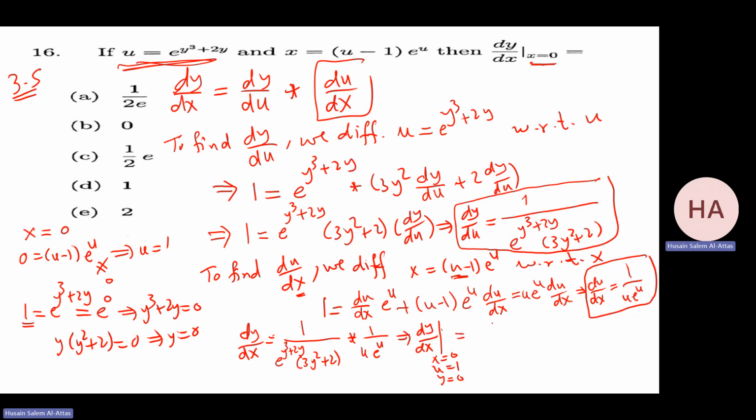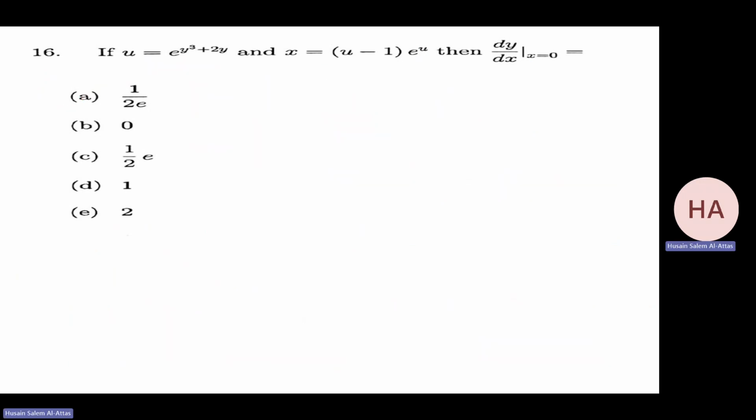Substitute, what you will get? 1 over e to the power 0. Here I have 0 plus 2 times 1 over 1 times e. So the answer is 1 over 2e, which is this. Now we'll do it using dy/dx is 1 over dx/dy.